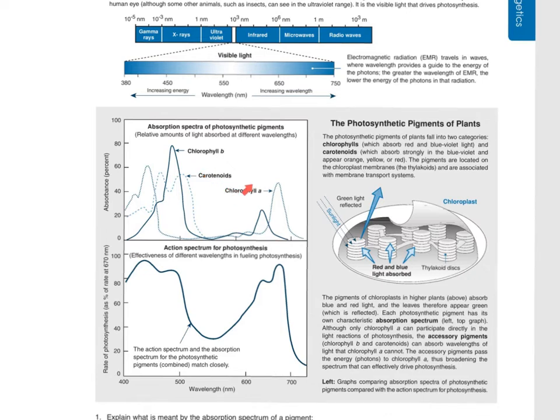So let's say chlorophyll A, what is it absorbing? Let's see, it's absorbing up here near 700 nanometers. Hold on a second. So if red and orange get absorbed from around 635 to about 700, 700 is red and 635 is orange.